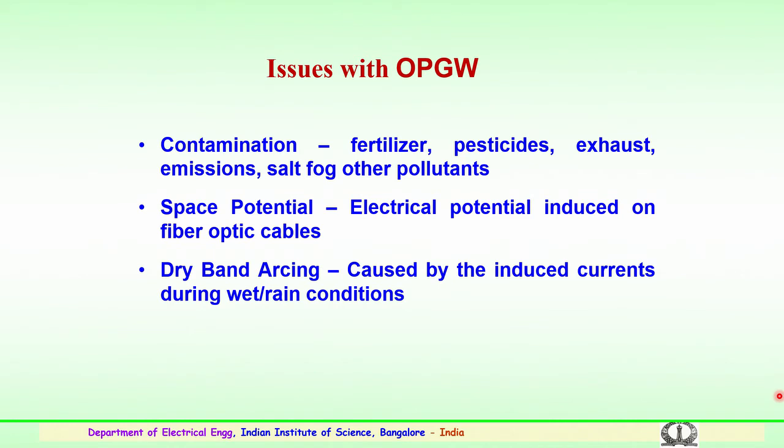The appearance of wet and dry conditions or bands on the surface can create dry band arcing, or partial arcs or scintillations. This again could cause currents to flow on the optical ground wires.